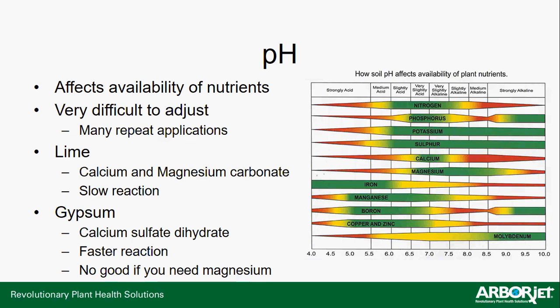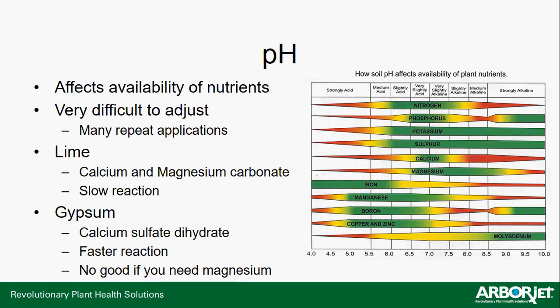You'd also be able to find out your pH through a soil test. pH is very difficult to adjust. It would take many repeat applications of lime, whether that's calcium or magnesium carbonate, and that's a slow reaction, or gypsum, which is a calcium sulfate dihydrate.